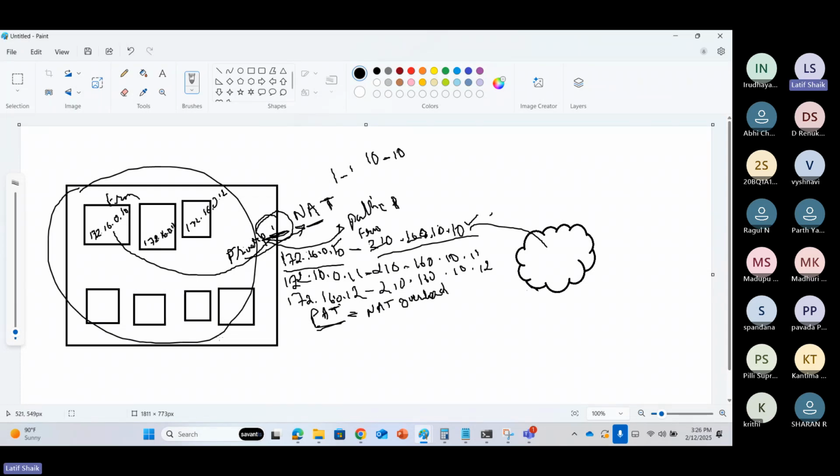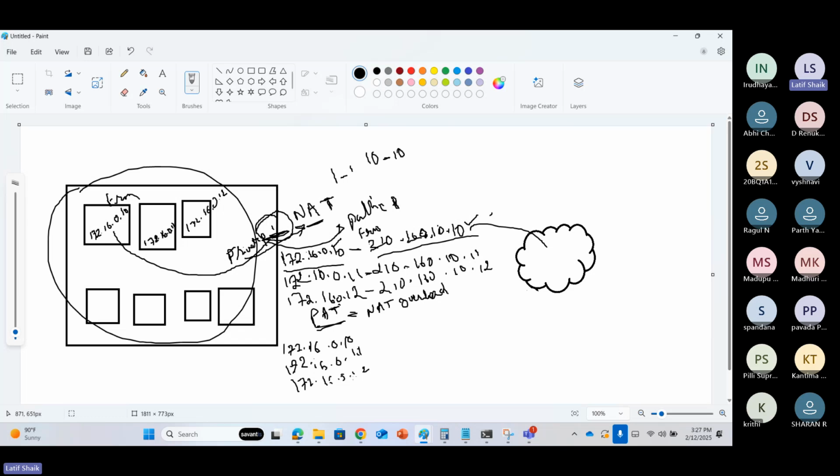So here we have multiple IP addresses like 172.16.0.10, 172.16.0.11, 172.16.0.12.